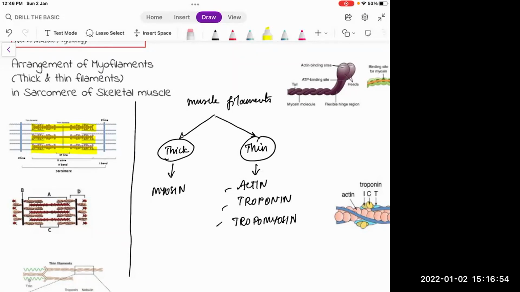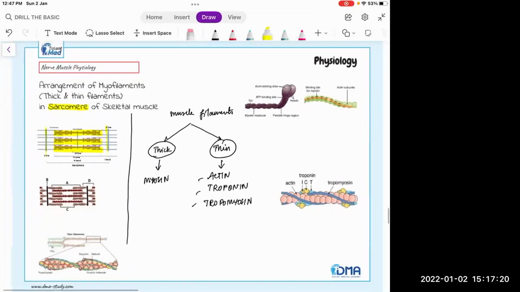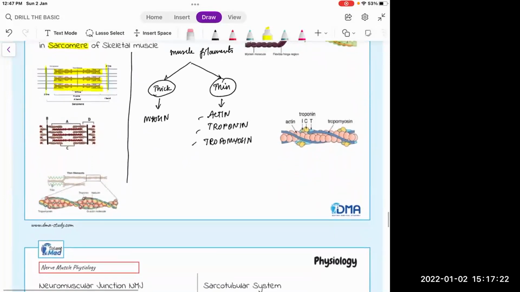The space between two Z lines is called the sarcomere. This sarcomere is the functional unit of a muscle. The functional unit of a living organism is the cell; in muscle physiology, the muscle cell is termed the sarcomere. So this is the single structural functional unit of a muscle.